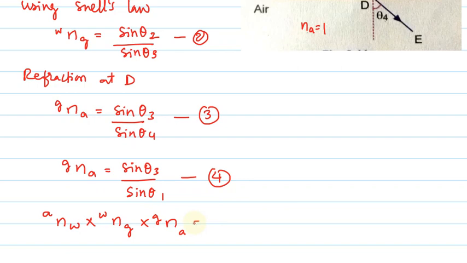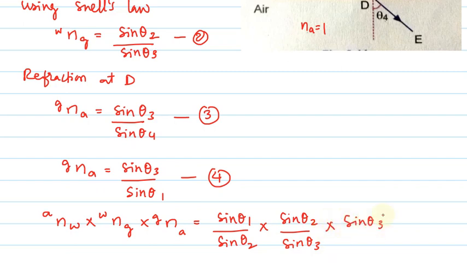This can be written as sine theta 1 upon sine theta 2, into sine theta 2 upon sine theta 3, into sine theta 3 upon sine theta 1.